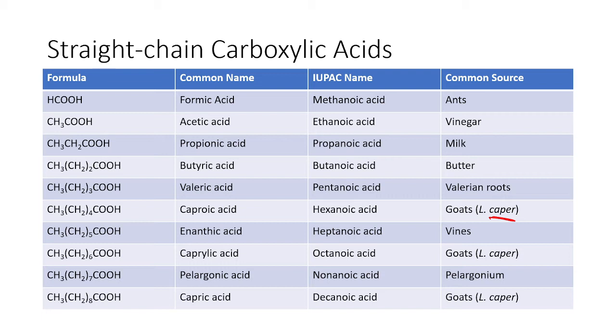We have the caprylic acid. And for decanoic acid, we have the capric acid. All of them or some of the common source of those caproic acid, caprylic acid, and capric acid are actually L-copper or yung tinatawag natin goats.